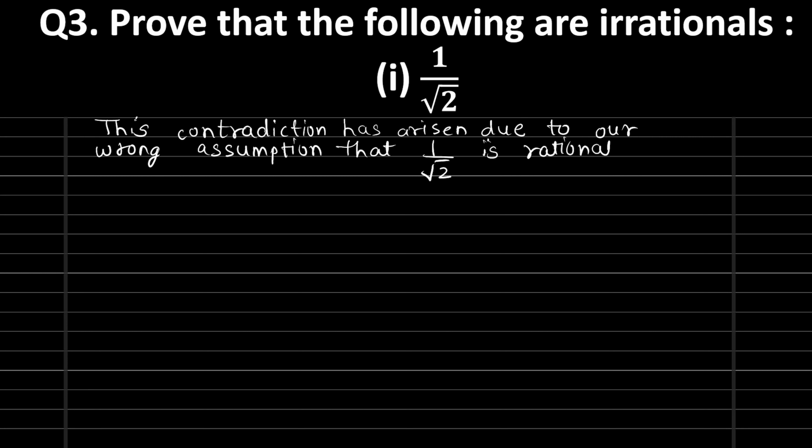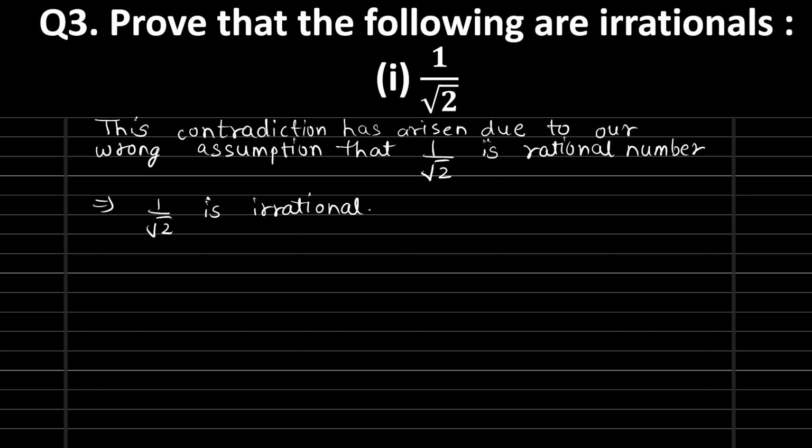If this is a wrong assumption, then what should be the correct one? The correct statement should be, it implies 1 upon root 2 is irrational. So here also we have applied the method of contradiction. We assumed that 1 upon root 2 is a rational number, and based on that we got the left hand side irrational and the right hand side rational. But the left hand side has to be equal to the right hand side.